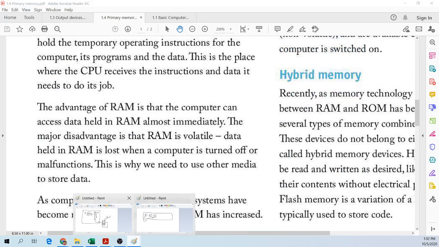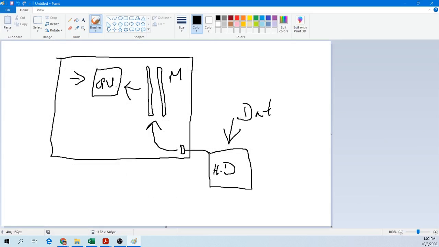Because what happens is that if you go back to the diagram, your operating system, which runs your computer, as we looked at for operating system, needs to also be loaded into RAM.